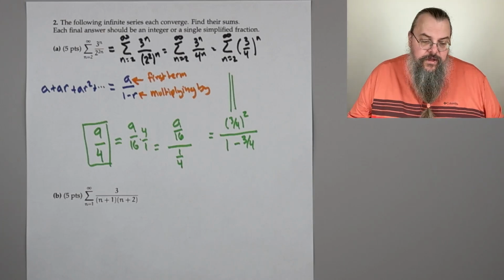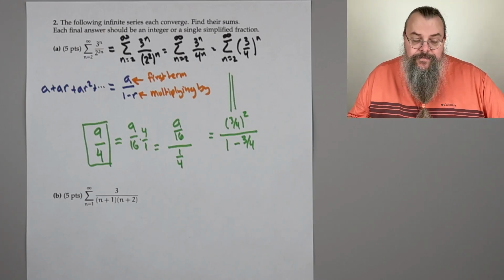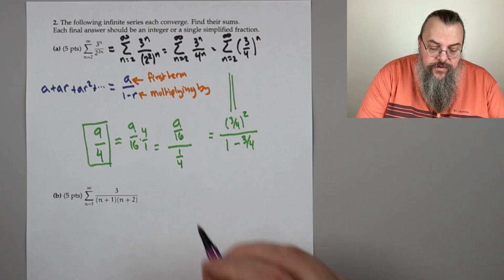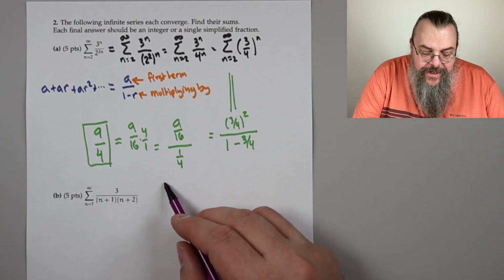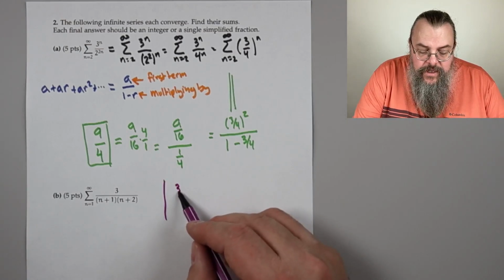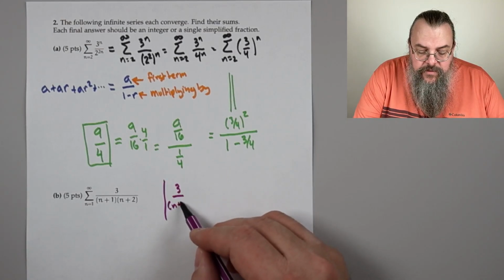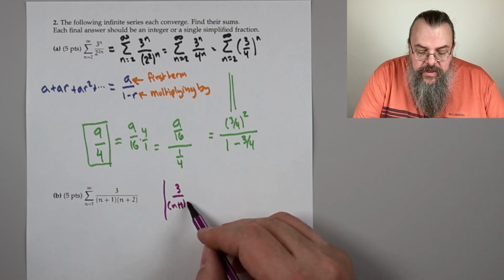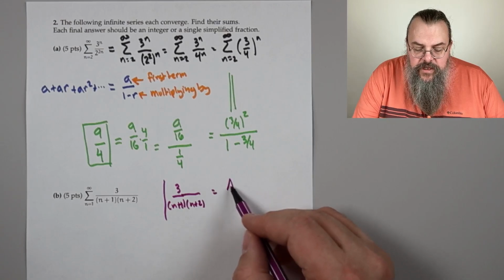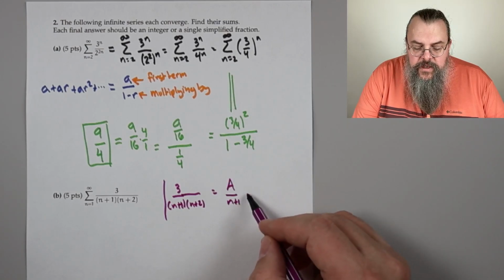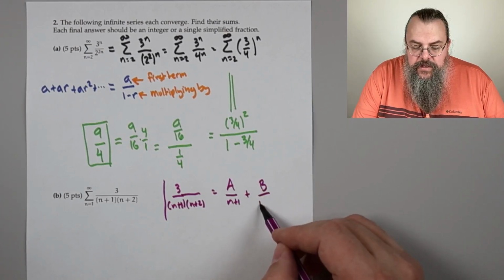So, well, let's first rewrite it. So, okay, do some partial fractions. Who doesn't love a good partial fraction? Okay, so 3 over (n plus 1) times (n plus 2). It's going to be something over n plus 1 plus something over n plus 2.